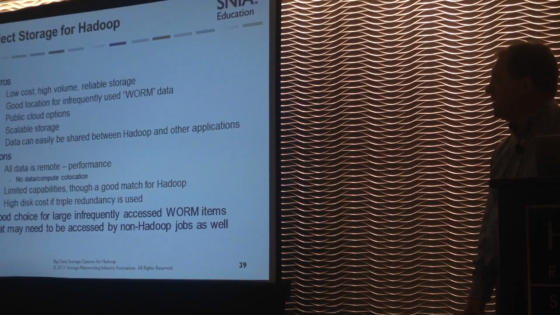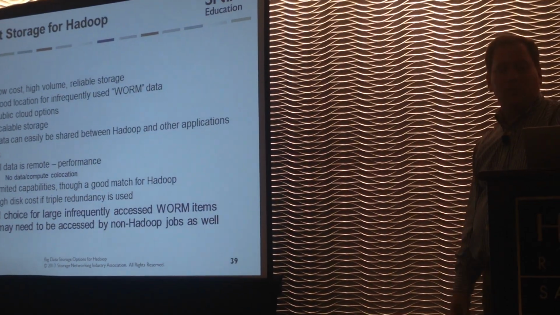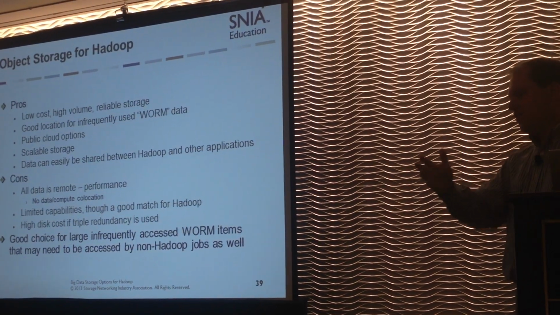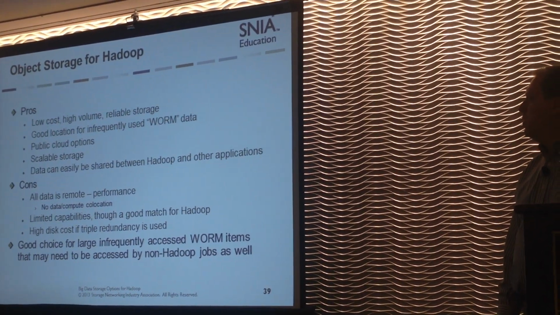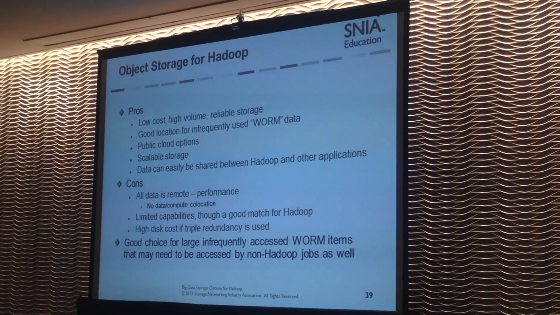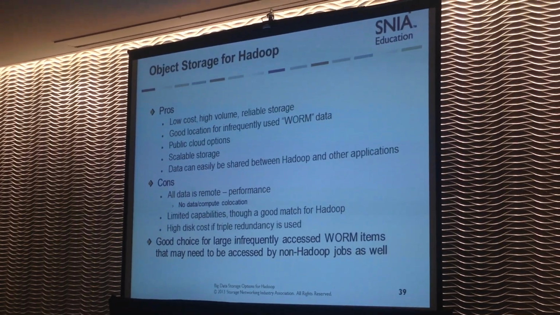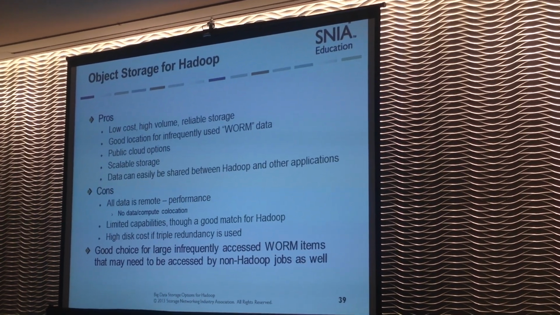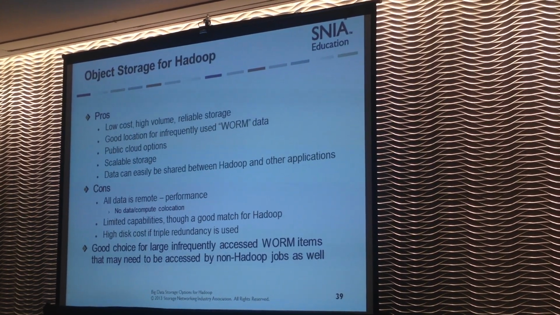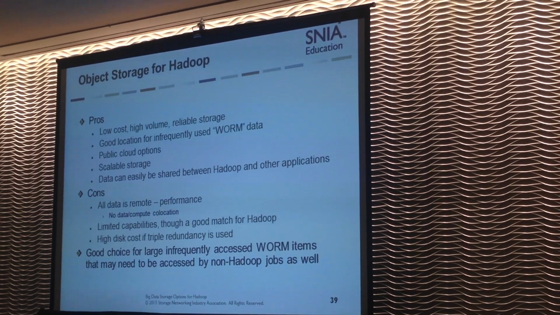Some disadvantages of this system: all the data is remote, so at least for the input and output files you're going to have to do remote I/O, so there's no co-location for the reads or the writes. The temporary files would still end up being local, so the performance does work for a lot of people anyway.